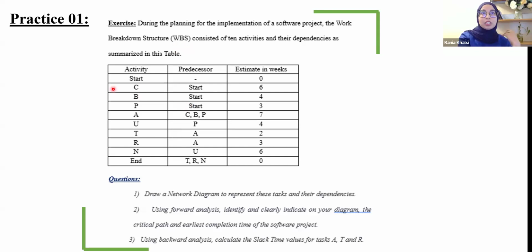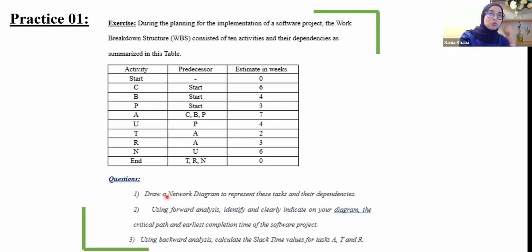For each activity we have the predecessor and how long it takes, the estimation in weeks for this activity to complete, in addition to the start and end. We have 3 questions, so we will answer them in detail one by one.